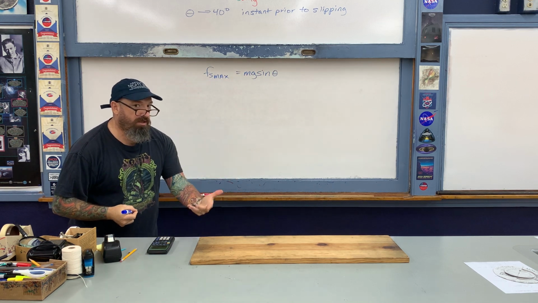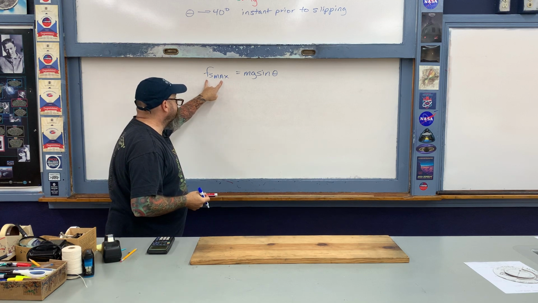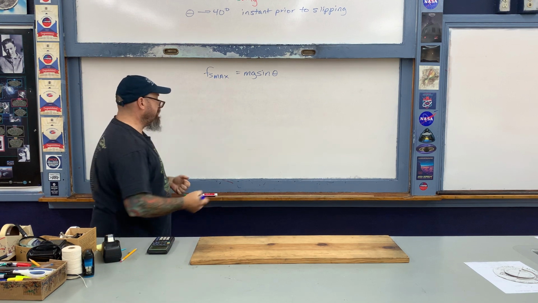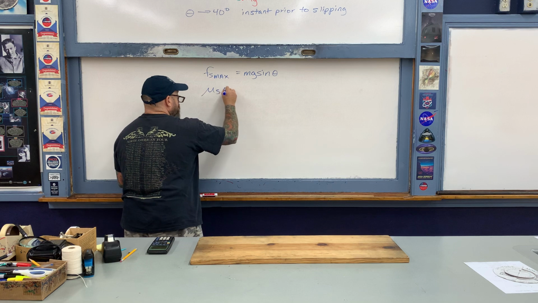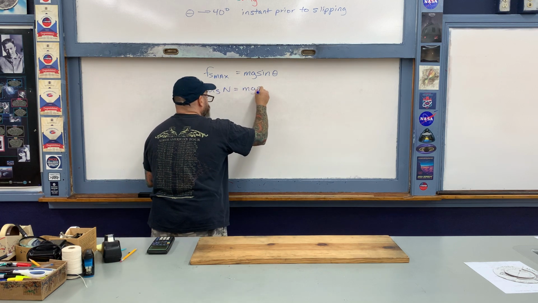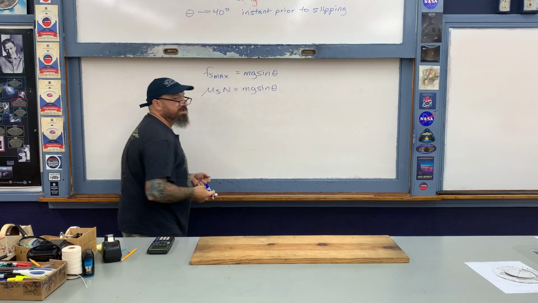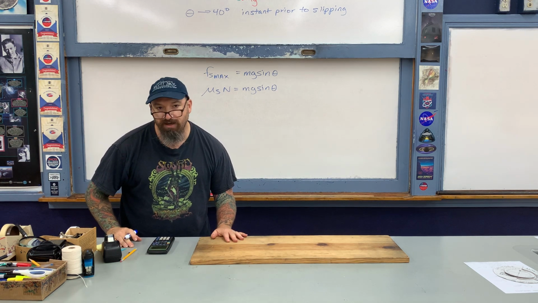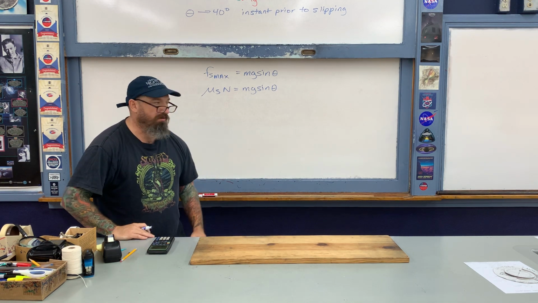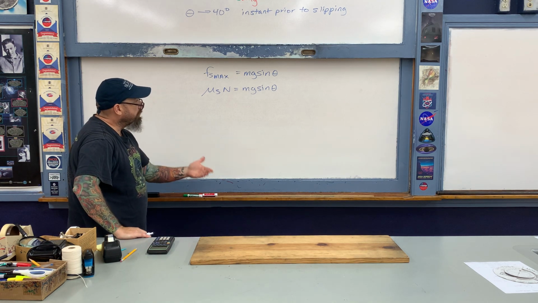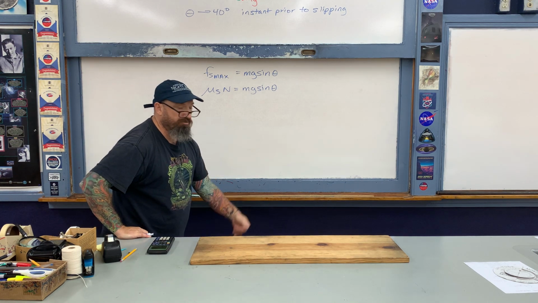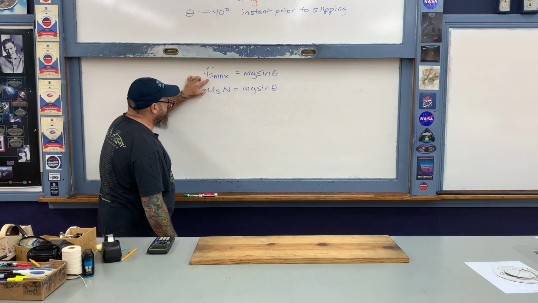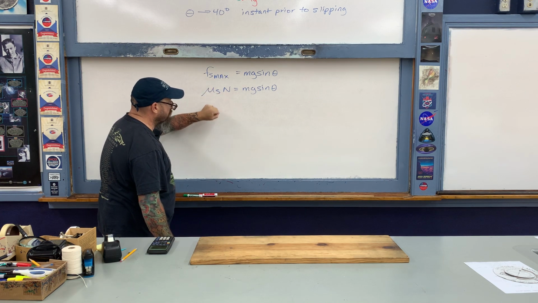And now it's only here that I can write the force of static friction at its maximum value as being equal to the coefficient of static friction multiplied by the normal force. I couldn't do that earlier when the angle was less than 40 degrees because static friction wasn't at its maximum value for those values of the angle. However, now that the angle is approaching 40 degrees and it's the instant prior to slipping, only then can I write Fs max as coefficient times normal force.